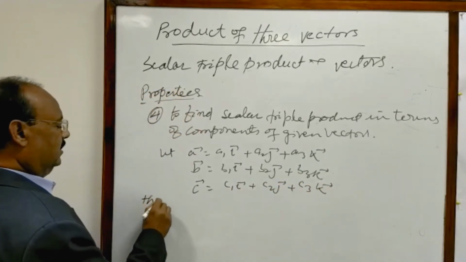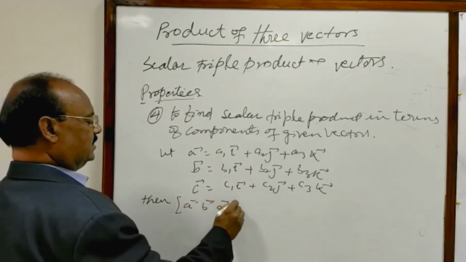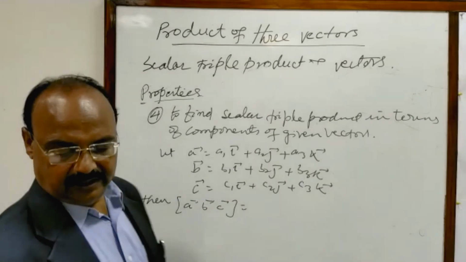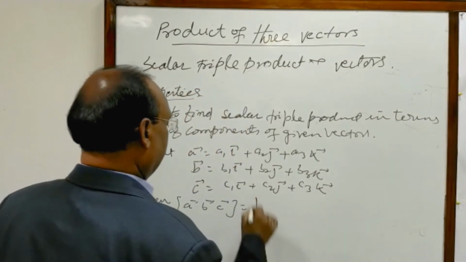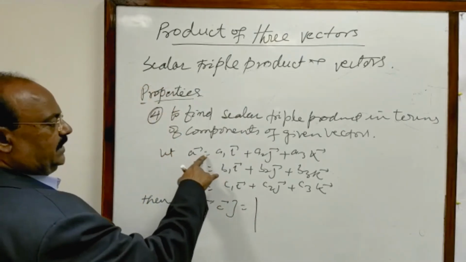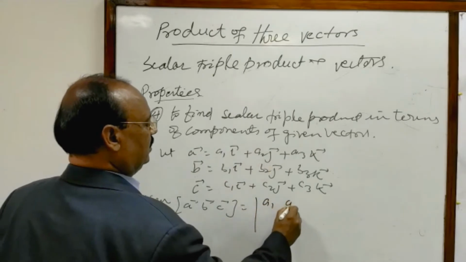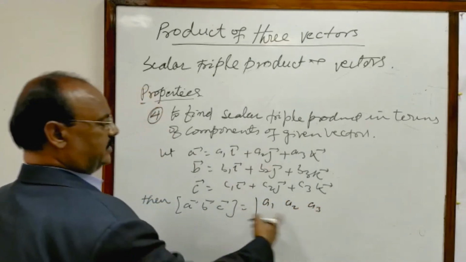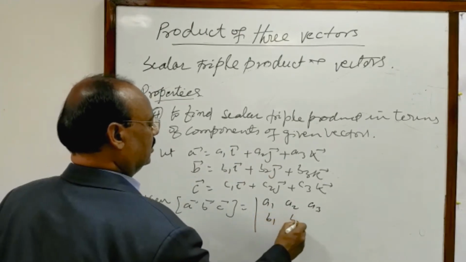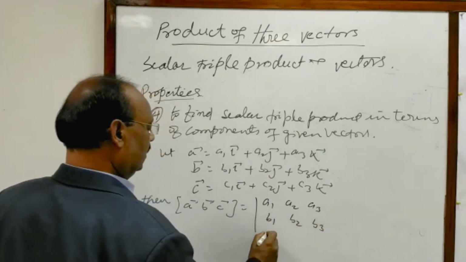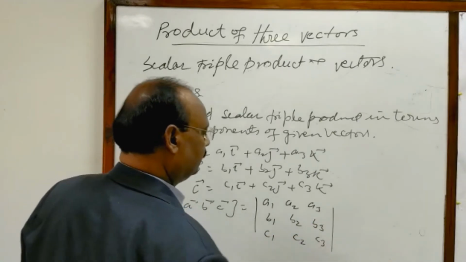Then, in this case, the scalar triple product A, B and C can be written in determinant form. We can write here the coefficients of the first vector A, that is A1, A2, A3. In the second row, coefficients of the second vector, so B1, B2, B3, and finally the third row C1, C2, C3.